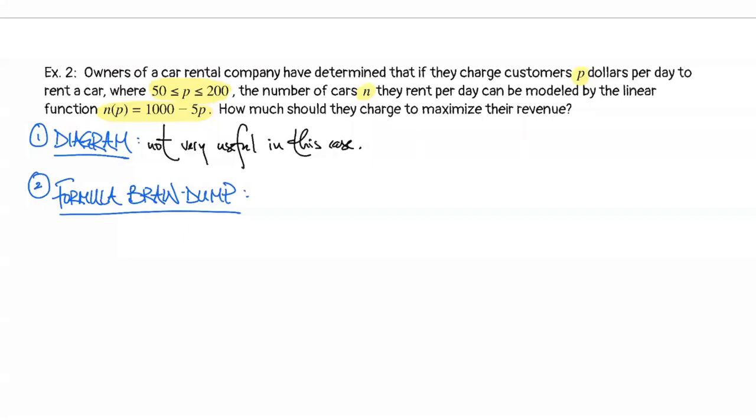Who knows what revenue means? Okay. So revenue, income, gross income.